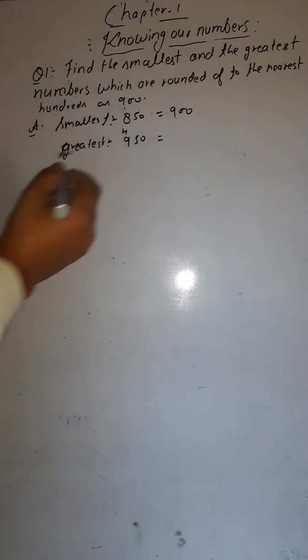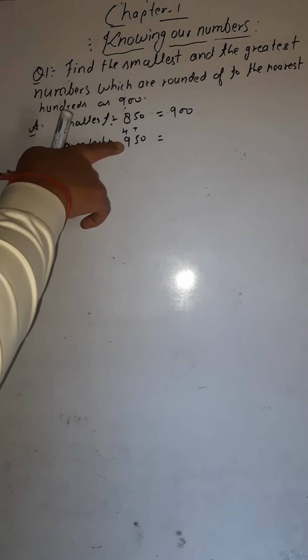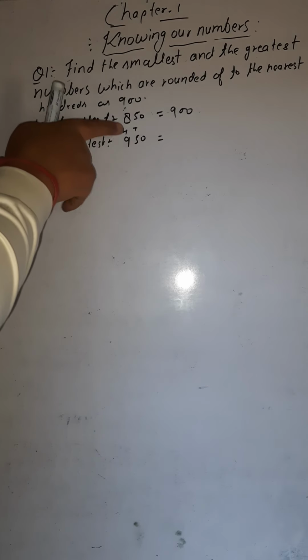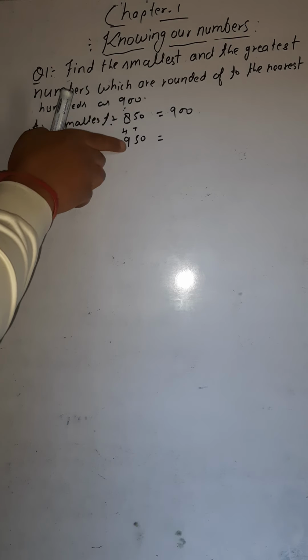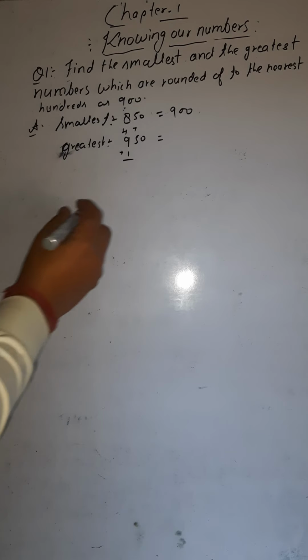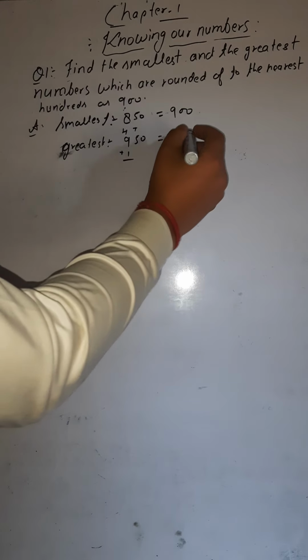It is 9. And at the tens place? It is 5. As I've told, if the number is 5 or more than 5, you are going to add 1 here. So 9 plus 1 is 10, and in place of tens and ones you write 0.